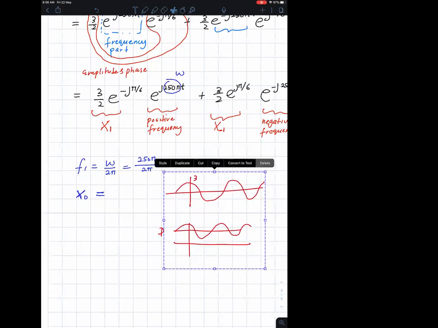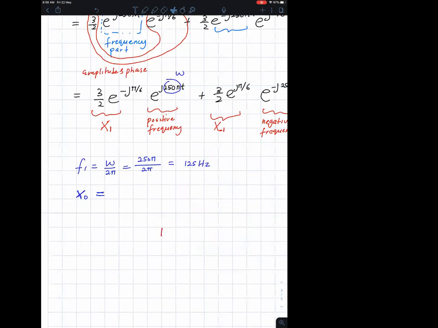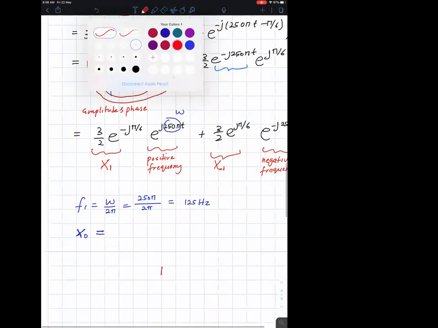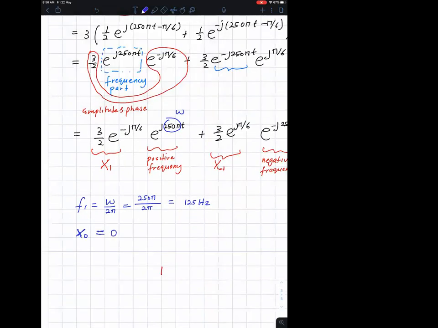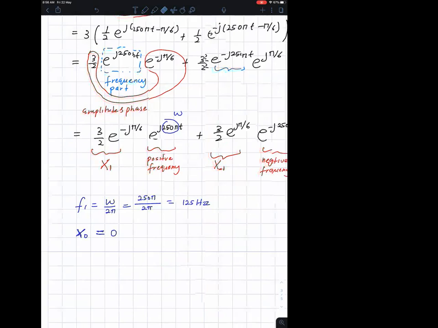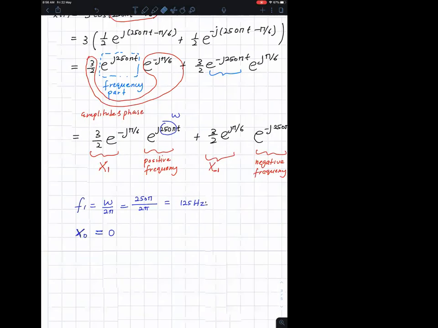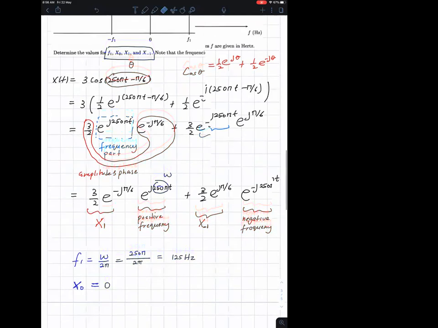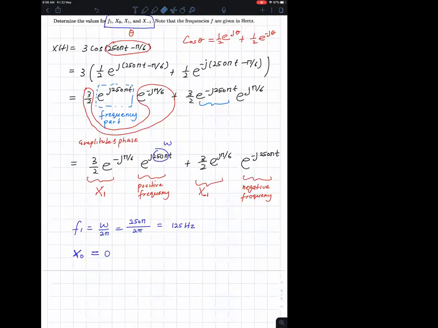Who is still confused about this? That the DC is 0? How come Yanler knows this? Okay, do you guys agree with this? Is anyone still confused?